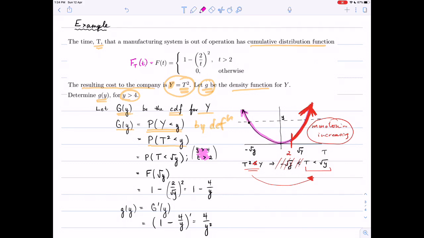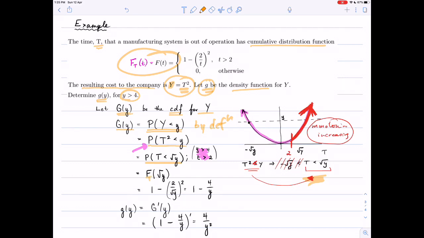So from p equal to the probability that t squared is less than y, we can say that is the same as the probability that t is less than root y, using this logic over here. That is, by definition, what it means to use the CDF for t. That is f sub t of root y.